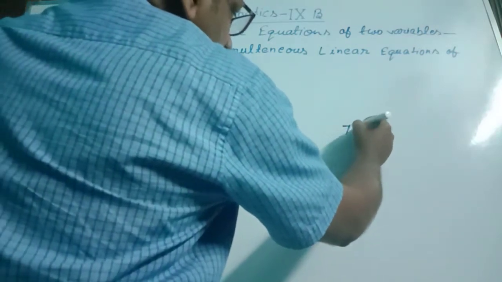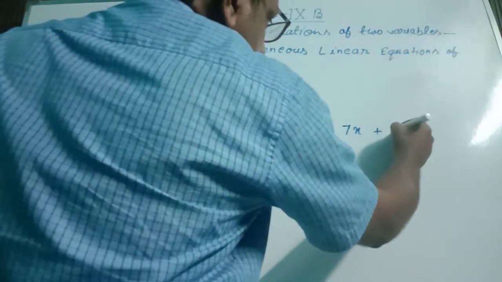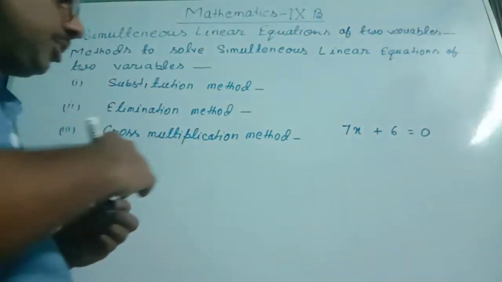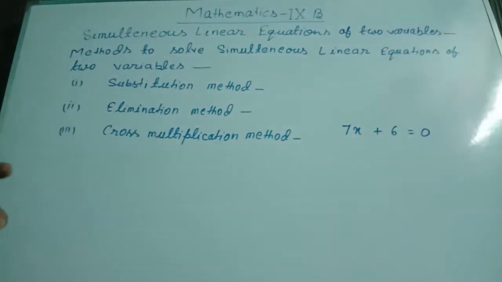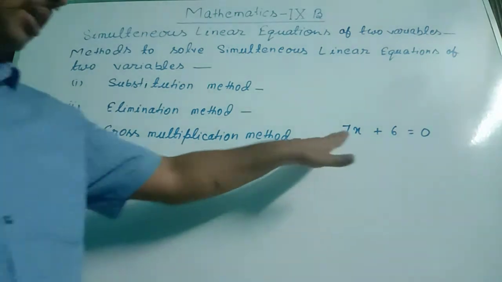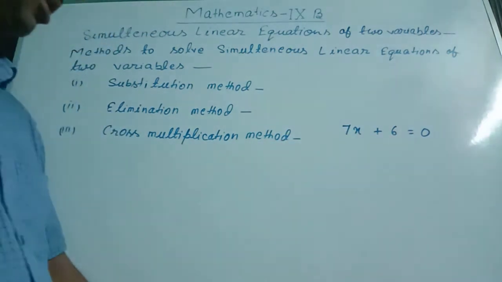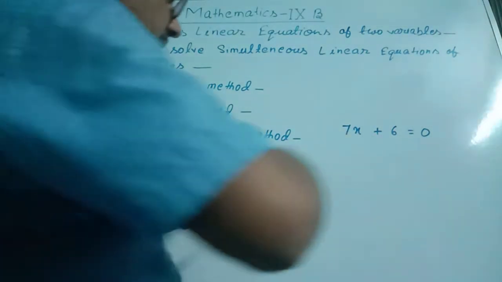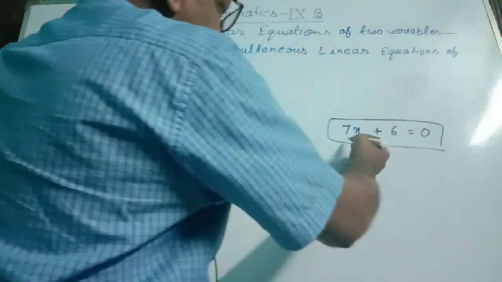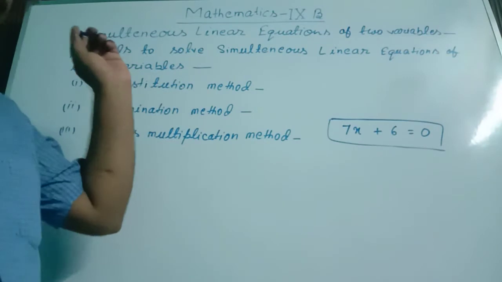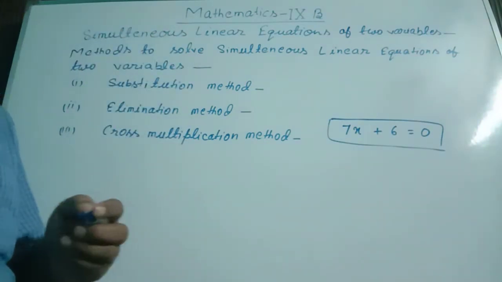Suppose we have 7x plus 6 equal to 0. So we say this is an example of a linear equation of one variable. Linear because it will give a straight line on the graph sheet.